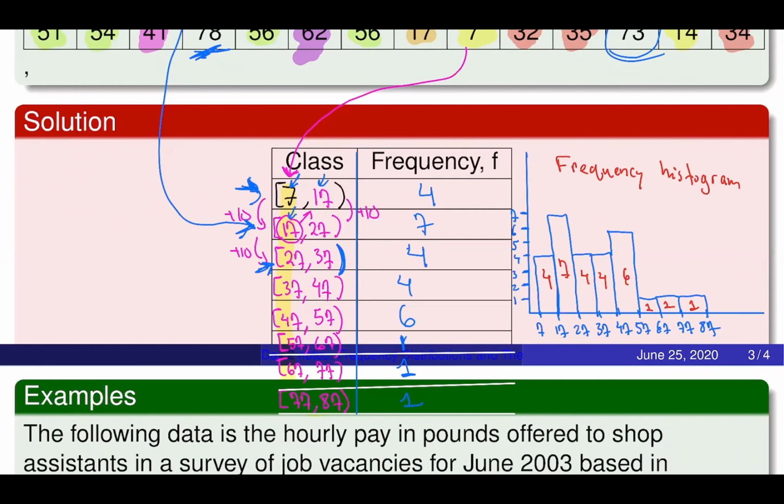All right. So using the histogram, you should be able to answer some questions about it. Say, if I ask you, this is internet speed.